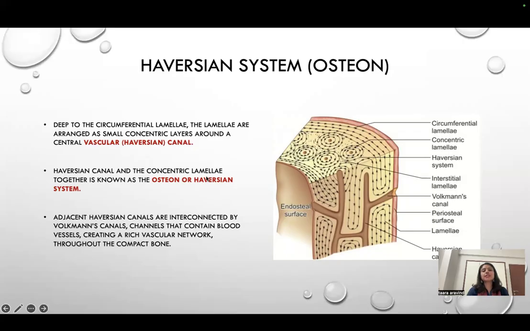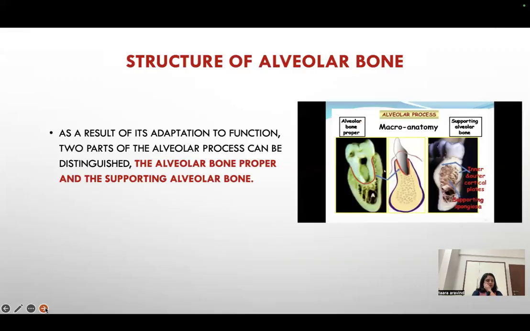The central blood vessel and the surrounding concentric lamellae together are known as the osteono-Haversian system. And these adjacent Haversian systems are interconnected by Volkmann's canals, channels that contain blood vessels, creating a rich vascular network throughout the compact bone. So that is the histology of compact bone, Haversian system or osteon.